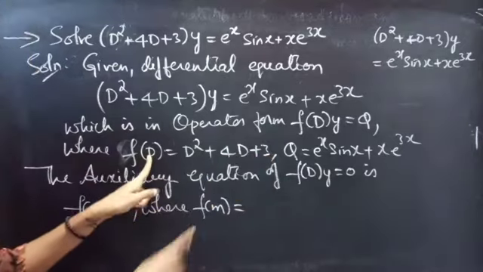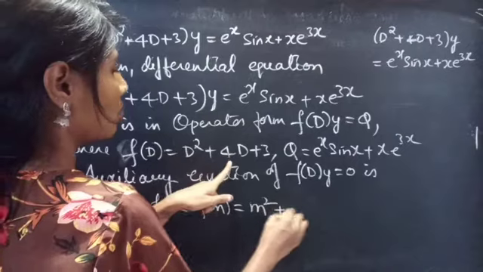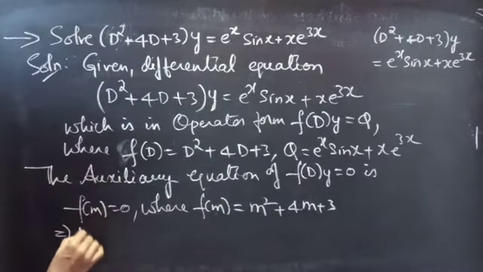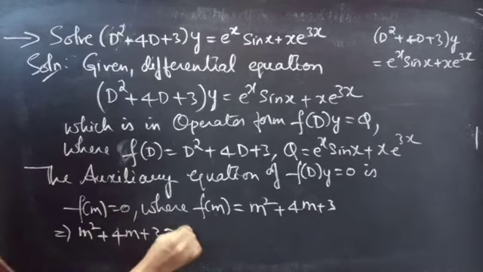Let's replace the differential operator by m, so that we get F(m) = m² + 4m + 3. Then our auxiliary equation becomes m² + 4m + 3 = 0.